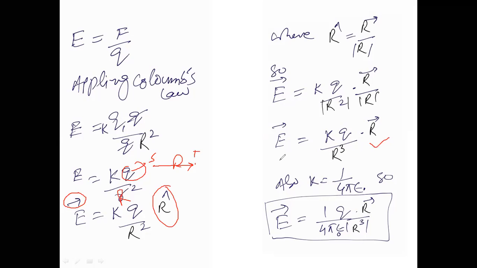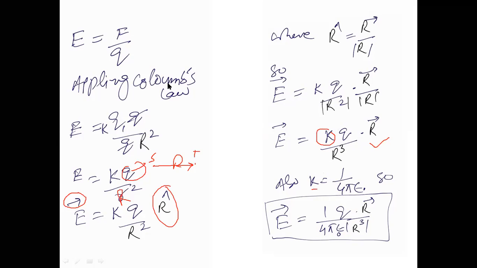So this is the final formula for the E, and if you want to replace the K value, you can also do it. K is equal to 1 over 4 pi epsilon naught. So E is equal to 1 over 4 pi epsilon naught, q R vector over R cube absolute.